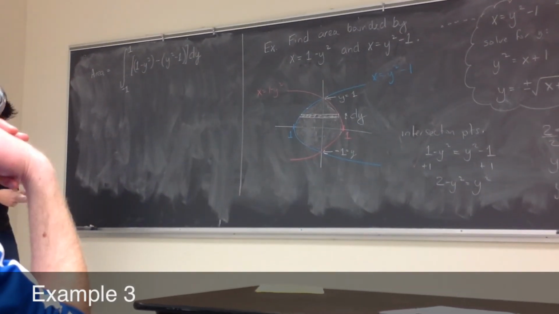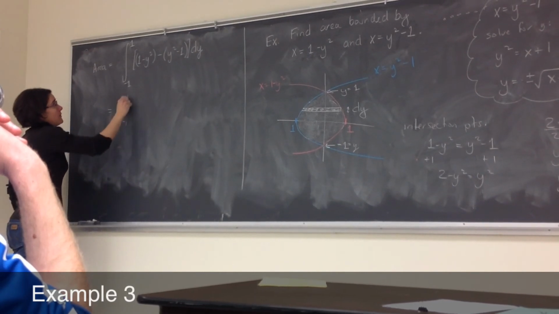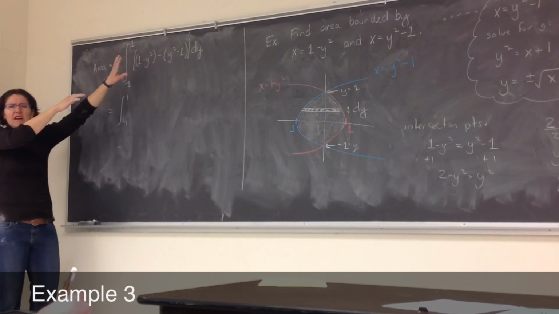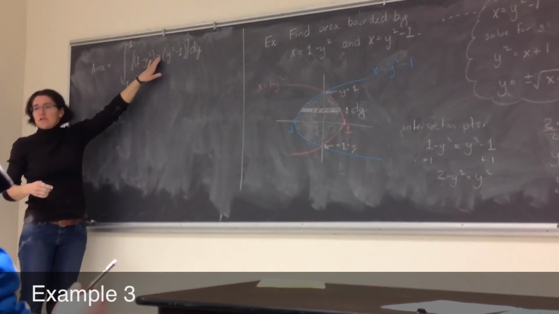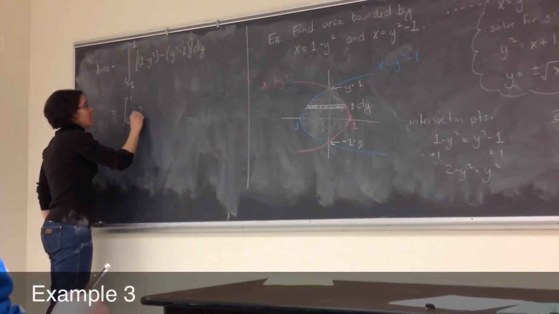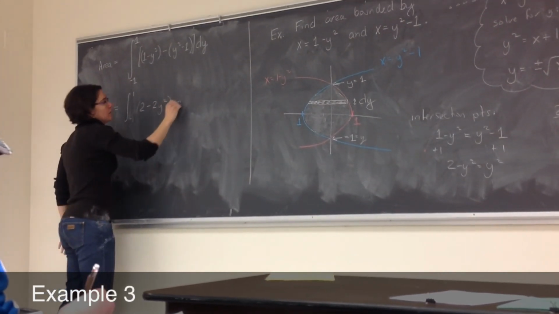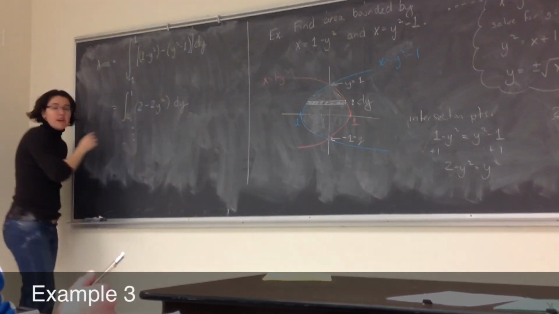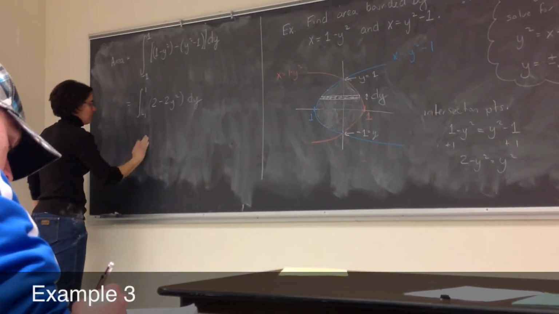Okay, if I wanted to continue with this problem, once I have this set up, my next job is to simplify. Inside of my integrand, 95% of the time once we've set it up, we need to do some simplifying: distribute the negative sign, and combine some terms. And so we end up with 2 minus 2y squared dy. Your next job is to find the antiderivative and plug in the boundaries.